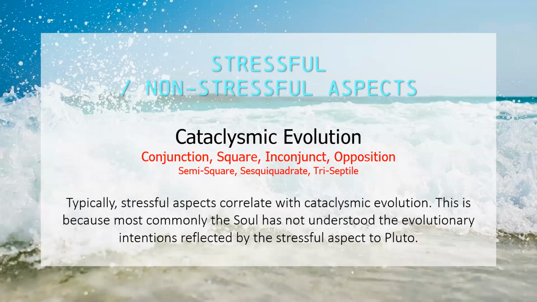I would say too, there can be key transits that can, let's say, if you have a Pluto aspect to Venus, and let's say Pluto through transit is activating that Venus. That can bring an awareness of why.